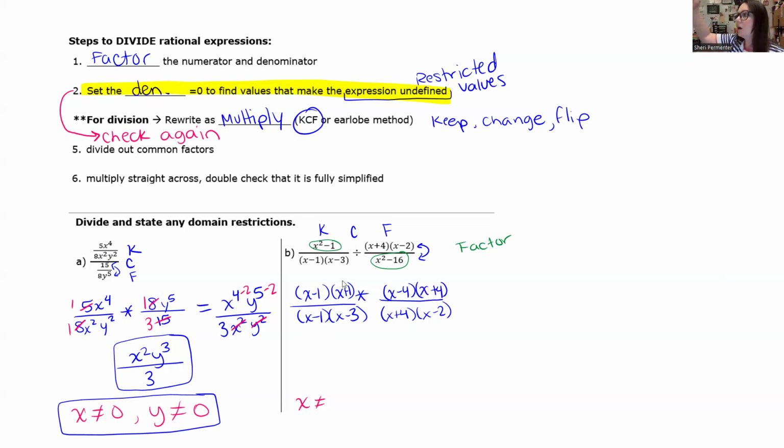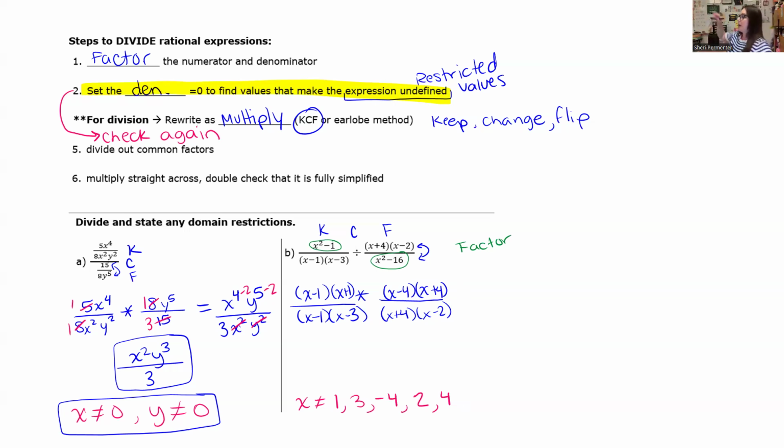So I have to get all of them and write them down, and I don't have to write the same number twice, but make sure you take them all into account. 1, 3, negative 4, positive 2, already have negative 4, and positive 4. So we have 1, 2, 3, 4, 5, 6 restricted values, but we only see 5 because one of them was a repeat.